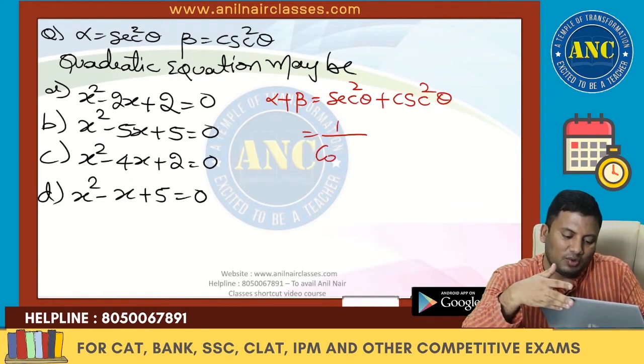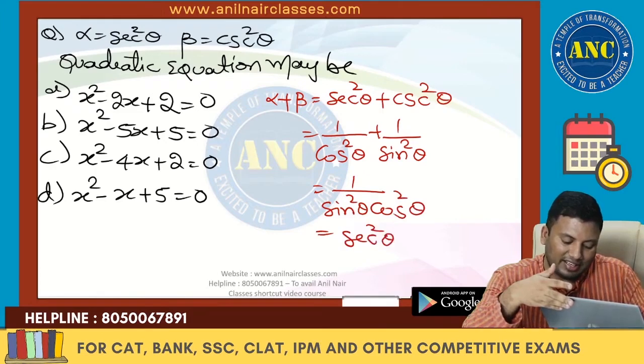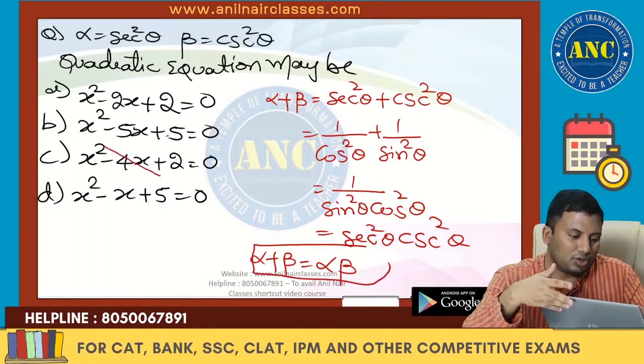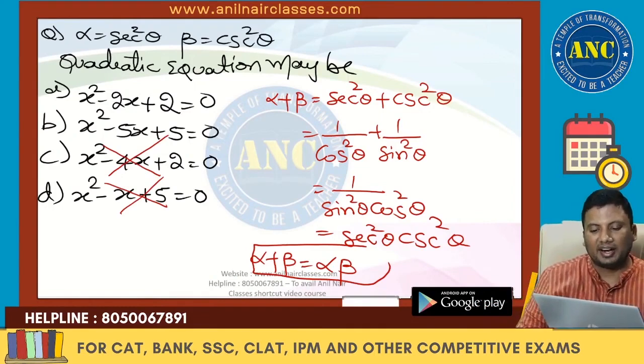This is 1 by cos square theta plus 1 by sin square theta, which is 1 by sin square theta cos square theta. This is again nothing but secant square theta and cosecant square theta. Sum of the roots is equivalent to product of the roots. Sum of the roots should be equivalent to product of the roots. C and D are over.